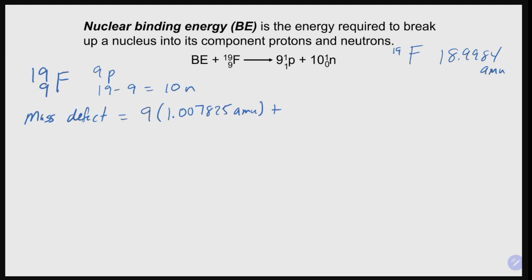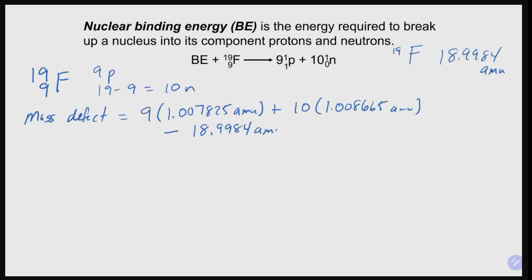We would then add 10 times the atomic mass of a neutron, which is 1.008665 AMU. We would then subtract the fluorine 19 atomic mass of 18.9984 AMU.